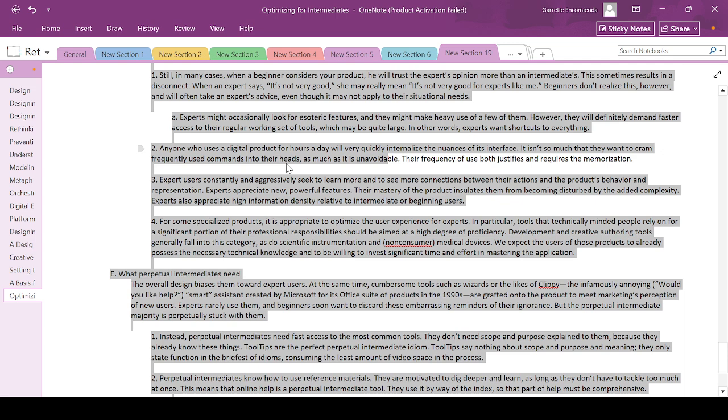Experts may occasionally look for historic features and they might make heavy use of a few of them. However, they will definitely demand faster access to their regular working set of tools, which may be quite large. In other words, experts want shortcuts to everything.